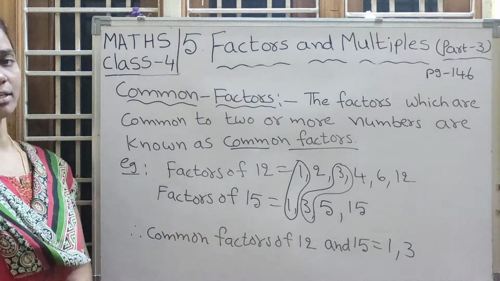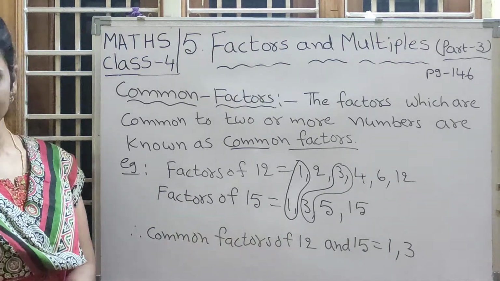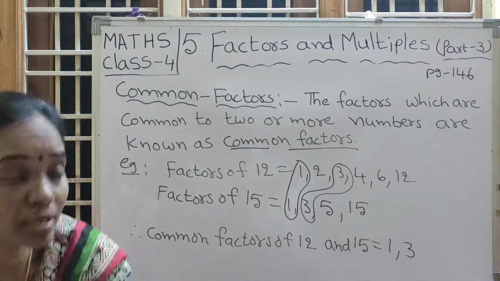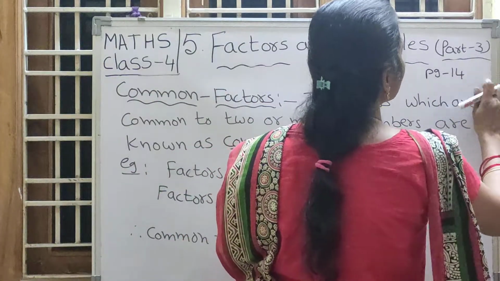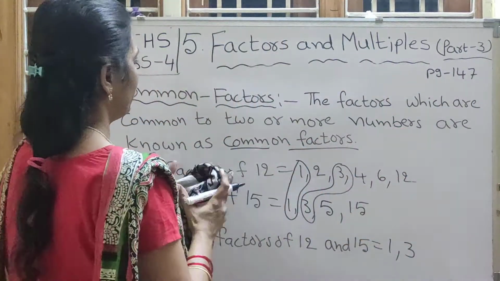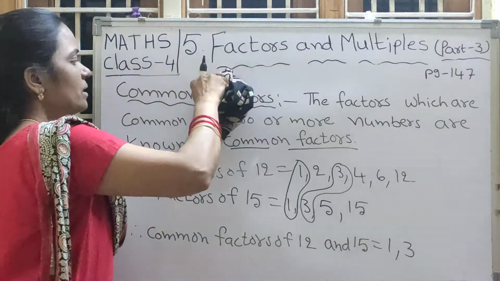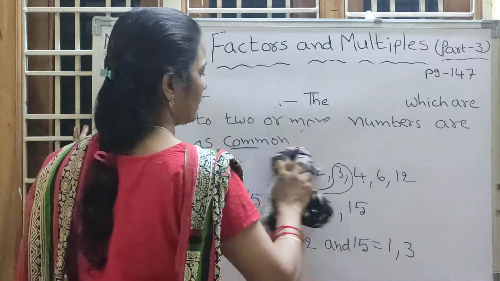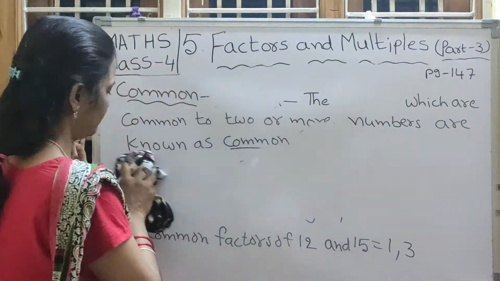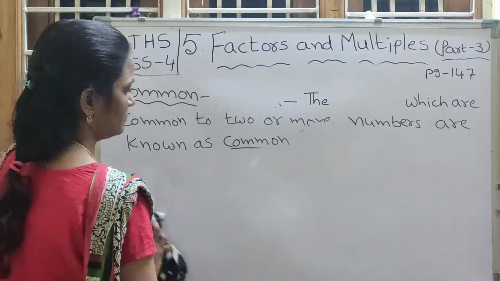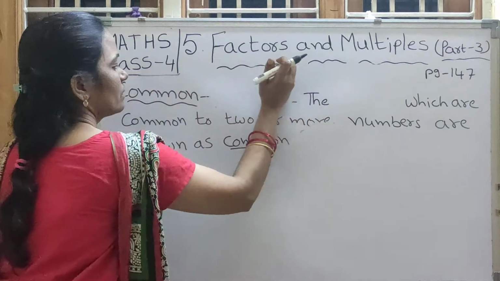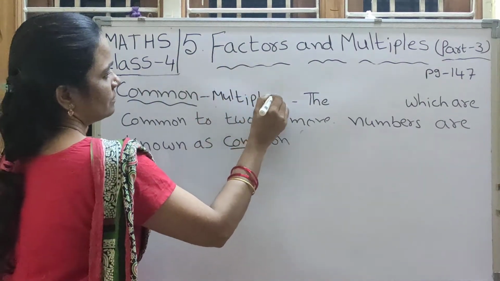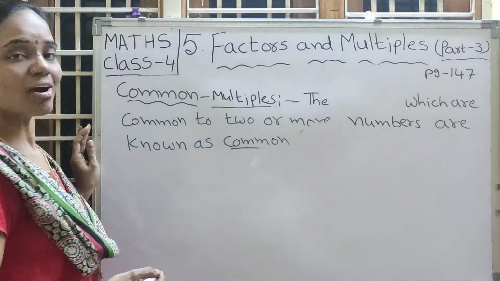Next one is common multiples, from page number 147. So what are common multiples?